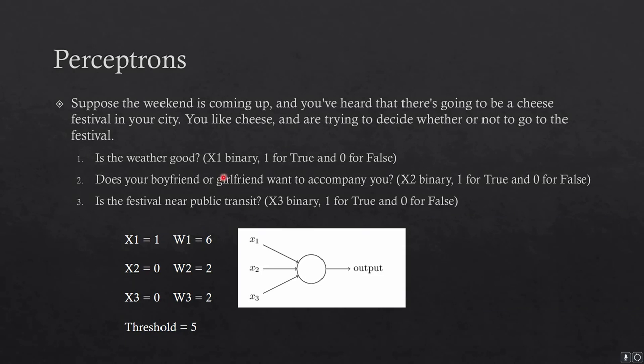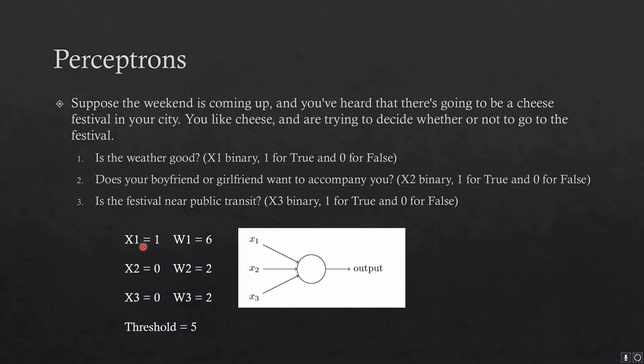So both of these questions answer false, except this question answers true. The weight is used to say that one question is more important than the others, so we give a weight of 6 to the weather question and a weight of 2 to both question 2 and 3. And then we finally have a threshold which tells us whether we should go or not. So let's make the multiplication that we showed before.